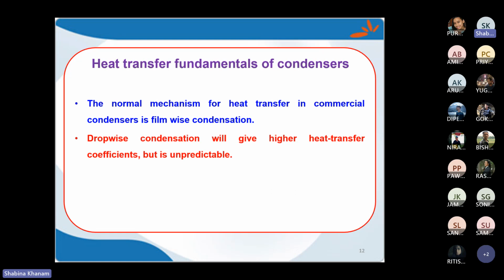When I'm considering drop wise condensation, I think drop wise condensation will be for smooth surfaces, and film wise condensation will be for a little bit rough surfaces. Because on a smooth surface, whatever condensate will be there, instead of accumulating, it will be distributed in terms of drops.